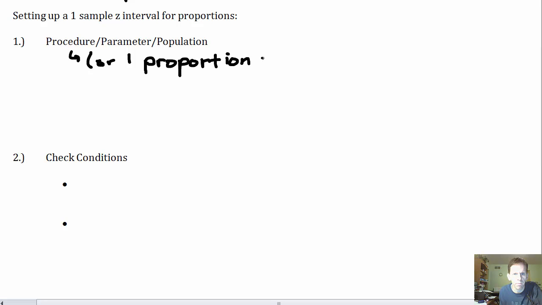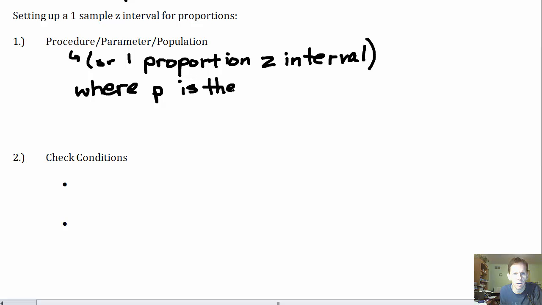The parameter is the value that we're using to describe the population. If we're talking about proportions, the parameter we're using is p, not p hat. P hat is your statistic. P is your parameter, and p is the proportion of all whatever you're working with.